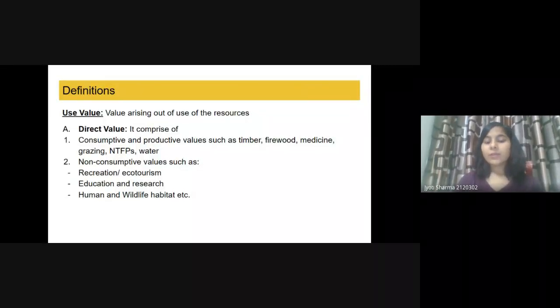In the direct use, for example, if we are using the timber, the firewood or the medicine, then we will get some money out of selling the timber or the firewood. Then this will be the direct value. Non-consumptive values as well: if you are using this kind of forest for educational, research or habitat purposes, then this is also the direct use.